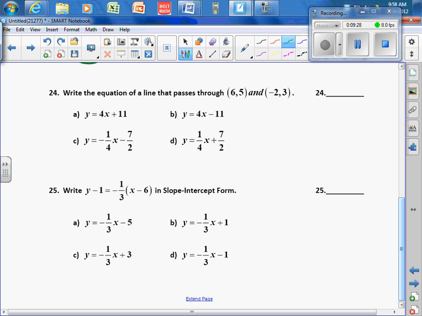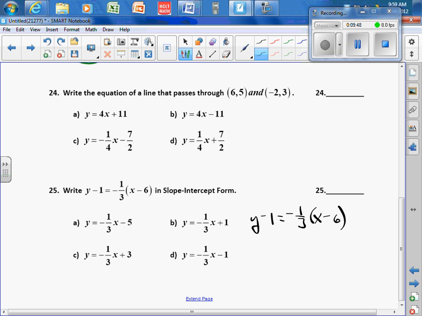25. Again, we're writing this in slope-intercept form, which means we need to solve this for y. And before you can do any kind of solving, class, make sure you get rid of any parentheses first. You have y minus 1 is equal to negative 1/3 times the quantity x minus 6.